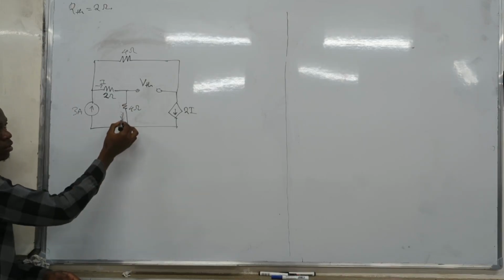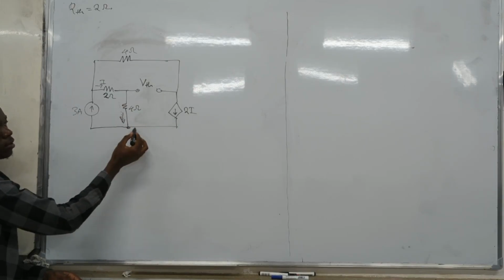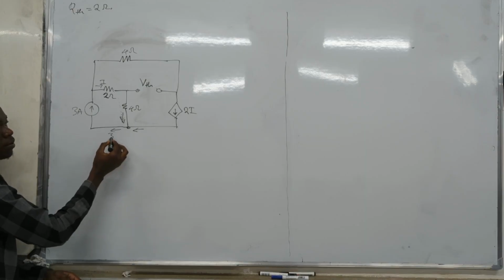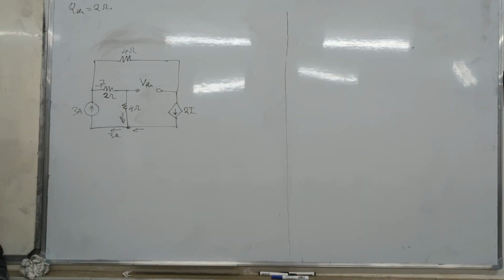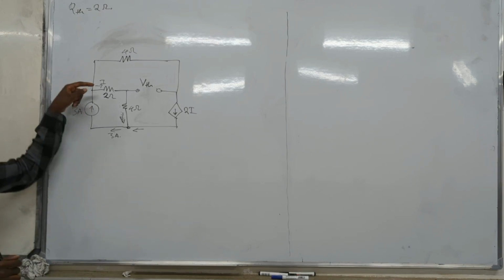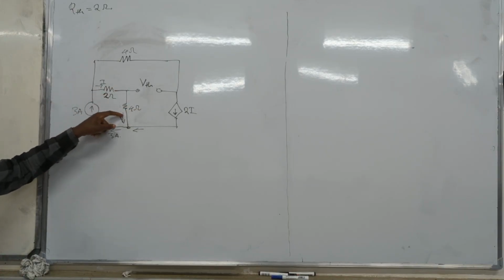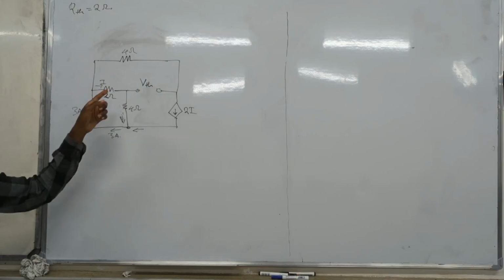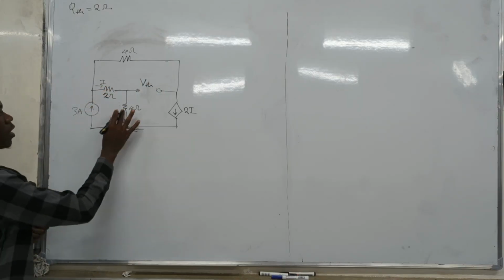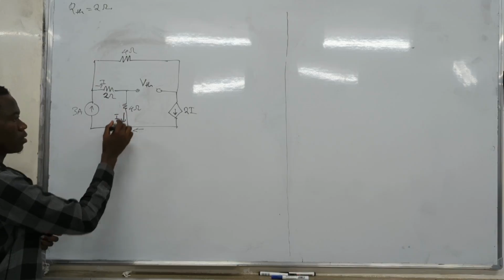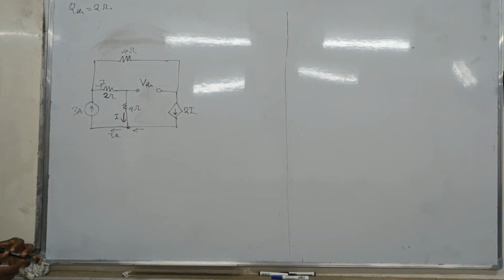It's entering this node, then 3 amps is coming out. We can find the I. Remember we found I when finding RTH. This part is open, so current is not going that side. It's flowing like this. So the current entering this point is I. I is equal to 1.